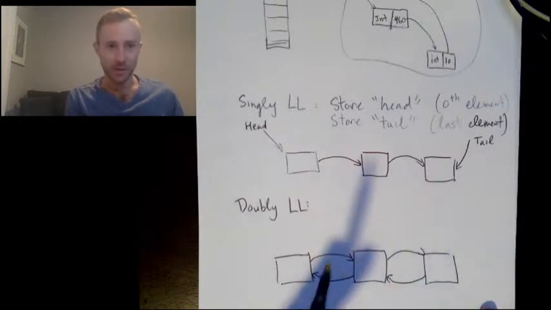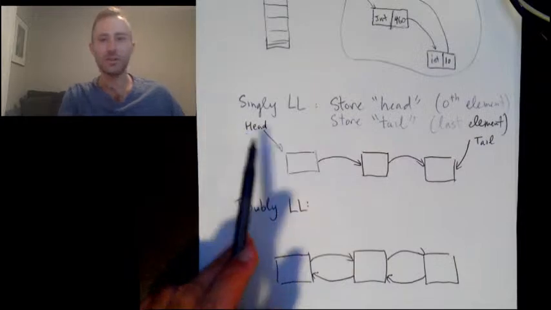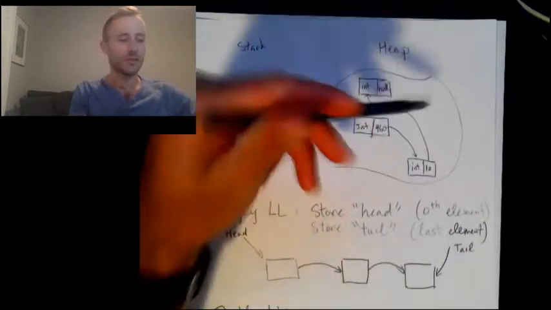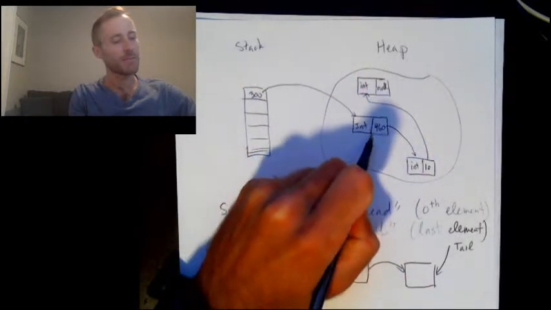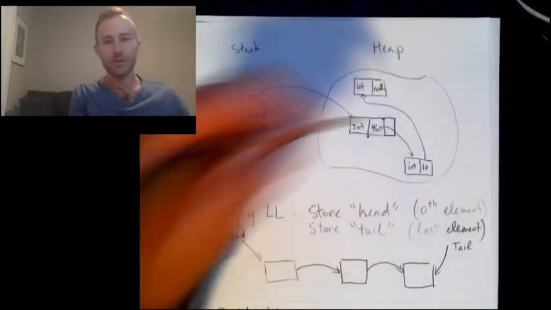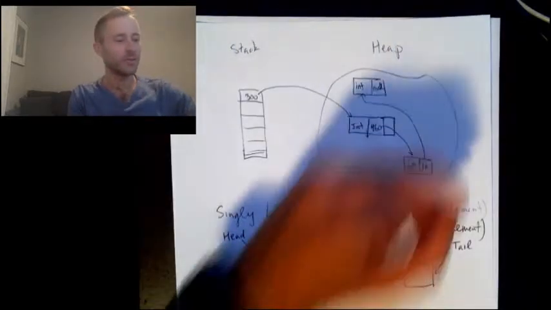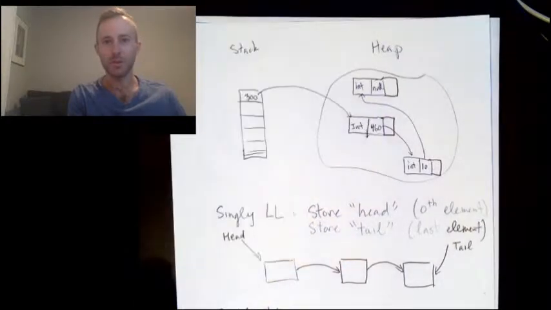The disadvantage is that it takes up even more memory than a singly linked list, because in the heap you have to store the location of the next element, but then also the previous element. So each spot in the heap is going to have more memory used.